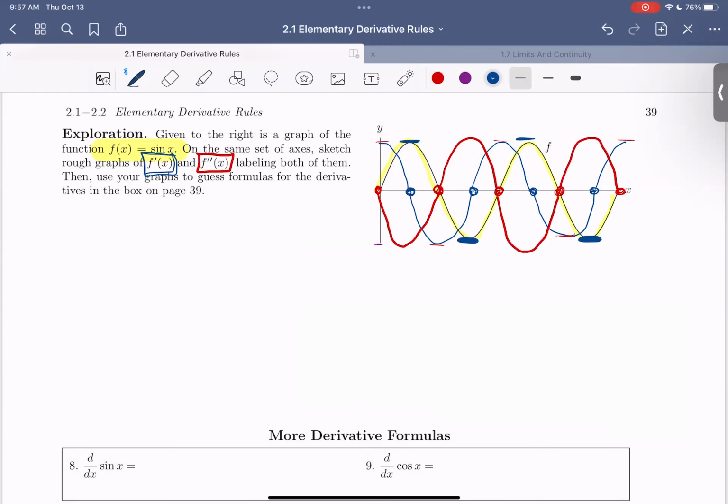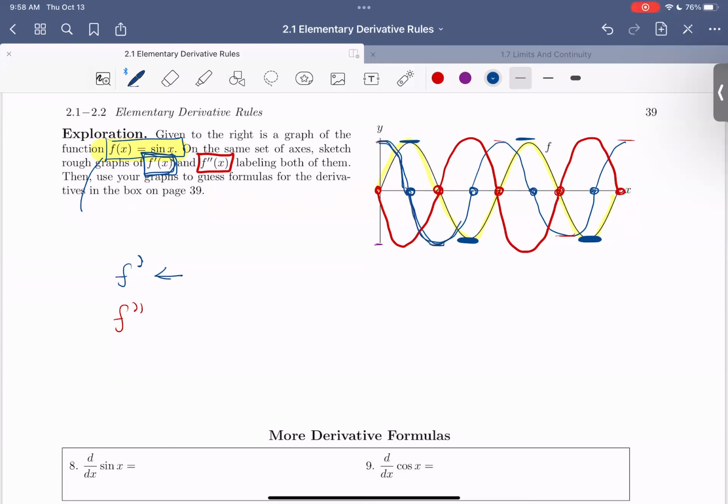There's kind of a lot going on in this picture, but let's just take a step back to reflect on what it looks like is happening. So recall the yellow is our original function, sine. The blue is our derivative. And the red is our second derivative. So what do you notice about the shape of these graphs for the derivative and second derivative that we're getting? So you might recognize that our derivative is kind of looking like the sine function, or cosine function rather.